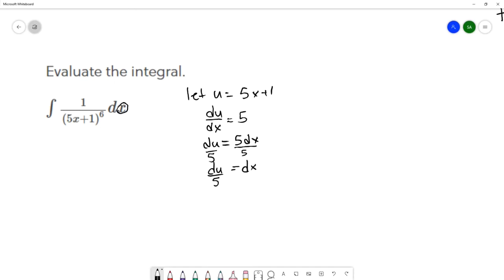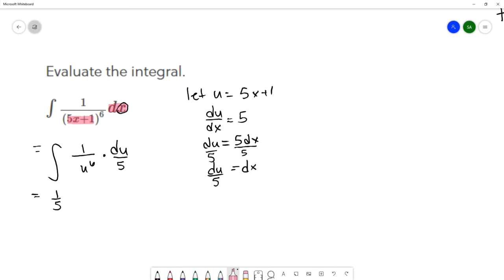So now I'm going to substitute. And when I substitute, I have the integral of 1 over u to the 6th times du over 5. So I substituted in for 5x plus 1, and I substituted in for dx. And this gives me 1/5.